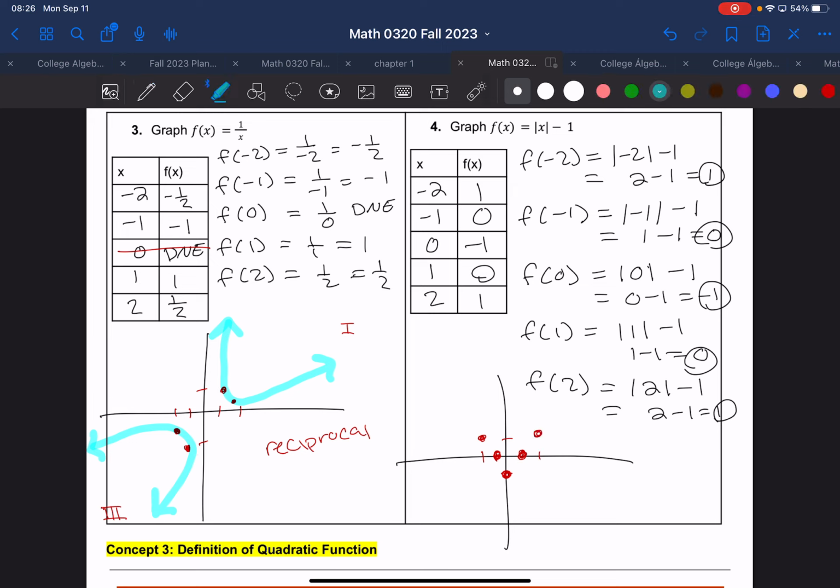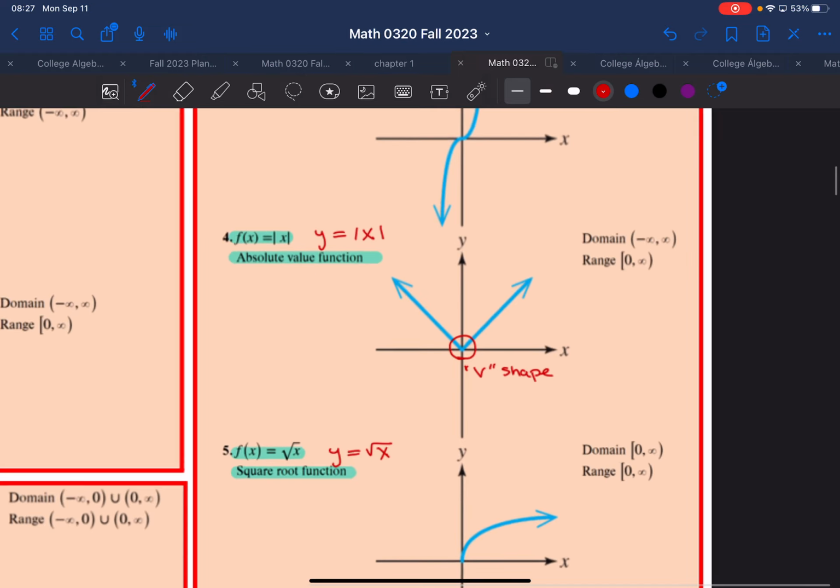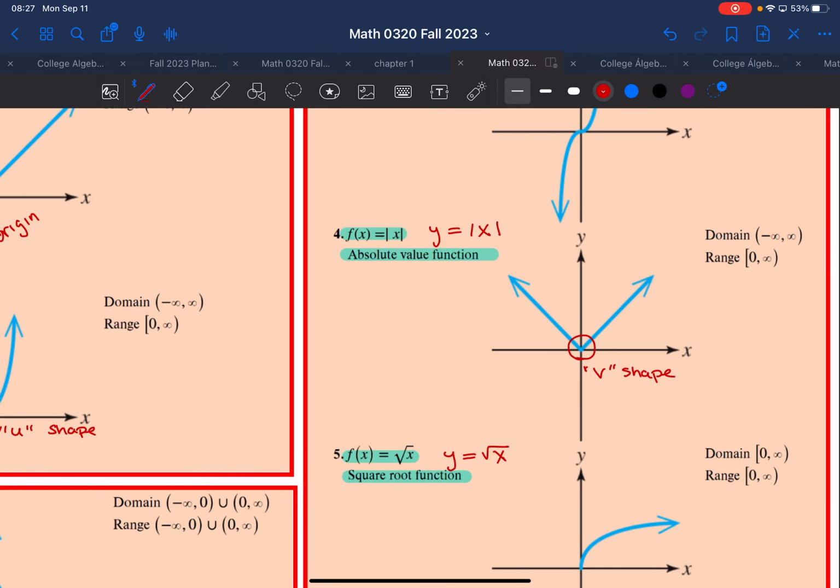Okay. Since this is an absolute value function, what is my vertex or my end point going to look like? A U or a V? A V. Okay, it's very important because if we make it look like a U shape, then I'm going to assume it's a quadratic and not an absolute value. So notice here that this absolute value did decrease by 1, because if we remember our parent function, where was this vertex, this center V shape?